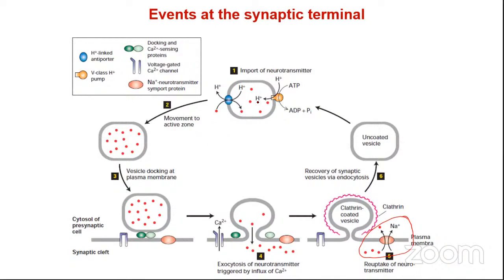Okay, so this is interesting stuff. I will just give you a highlight of this because we are almost reaching the end of the class. What happens at the cell body? How is the neurotransmitter filled up in the synaptic vesicle? There is an antiporter system where protons are funneled out from the synaptic vesicle, and in response to that, the neurotransmitter gets in.